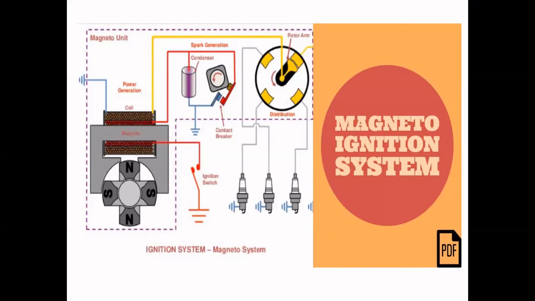This in turn reduces the overall magnetic field produced by the magneto, and during this process the voltage in the condenser will increase. This increased voltage in the condenser will act as an electromotive force, which produces the spark at the right time through the distributor.